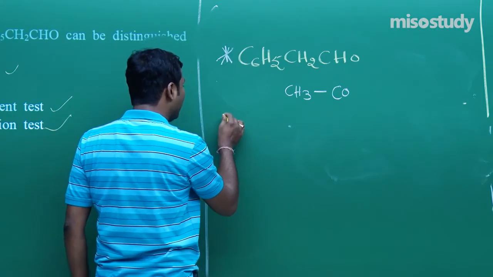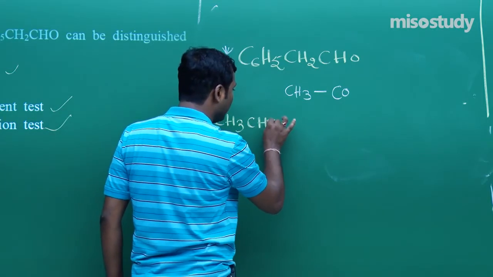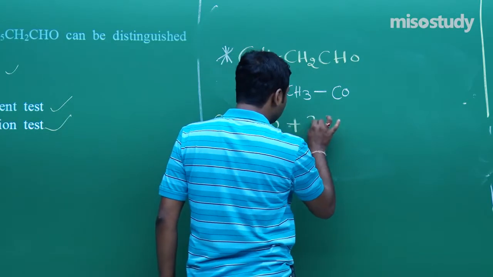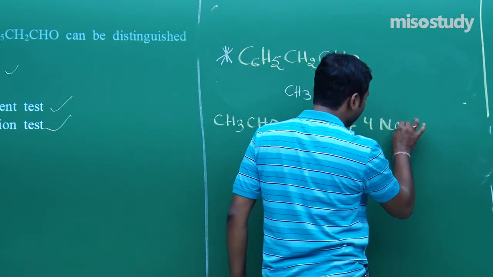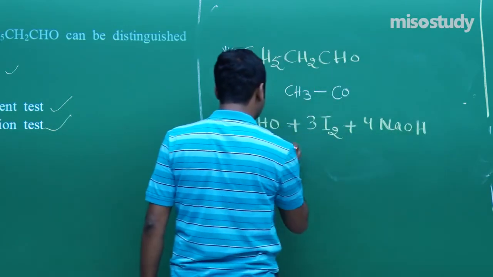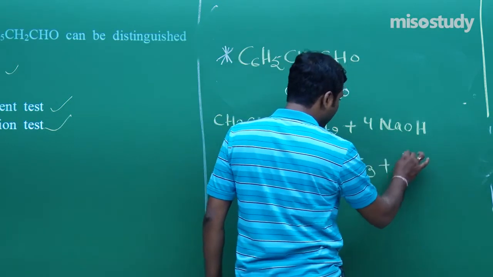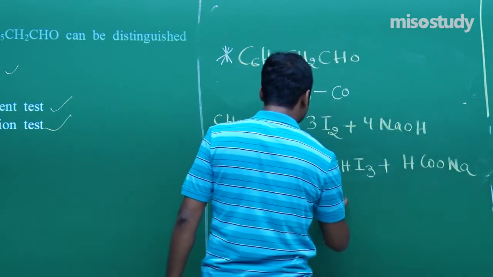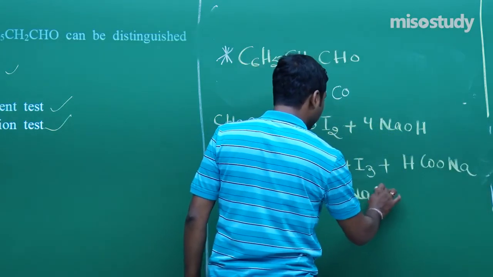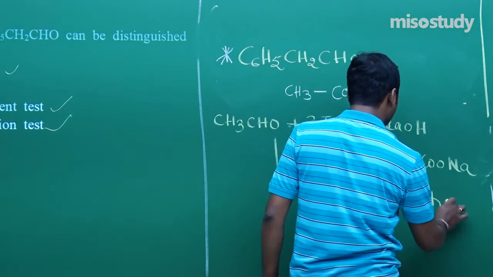So finally we can say these two can be distinguished by using the positive iodoform test, and the reaction in this case gives CHI3 plus HCOONa plus NaI plus H2O.